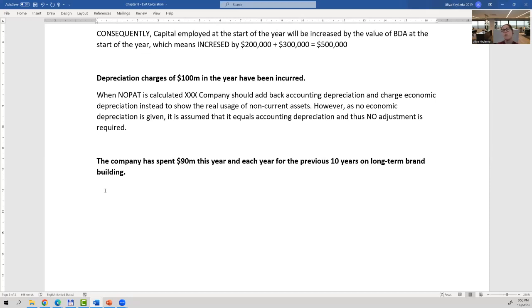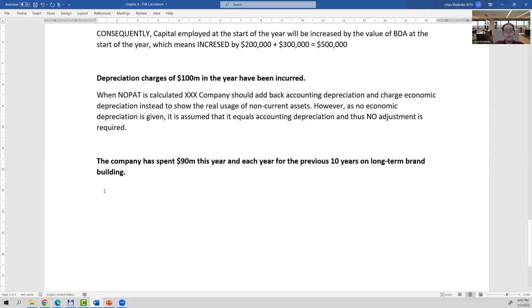We take 10 years, not 11. We do not take the current year in the capital employed adjustment, because the capital employed adjustment is calculated at the start of the year. And then 90 is going to be added back in the current year's notional operating profit calculation.